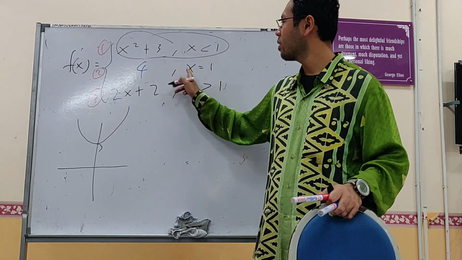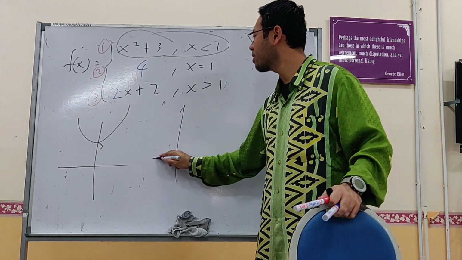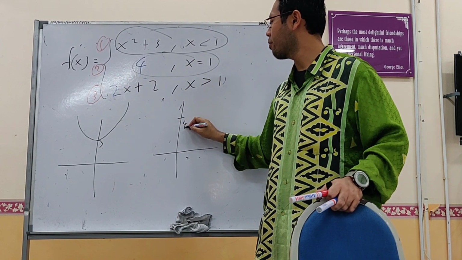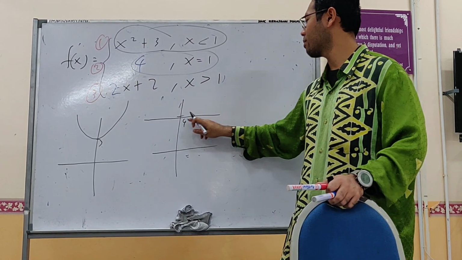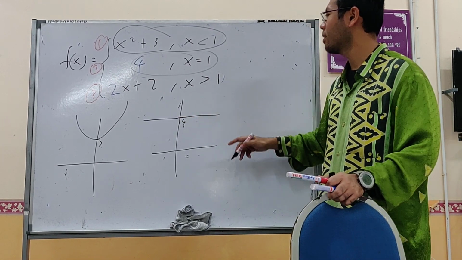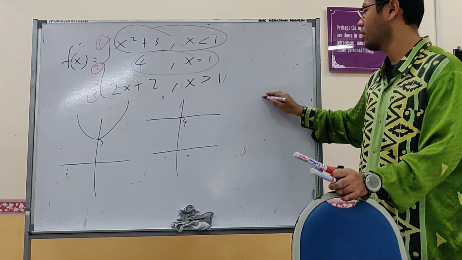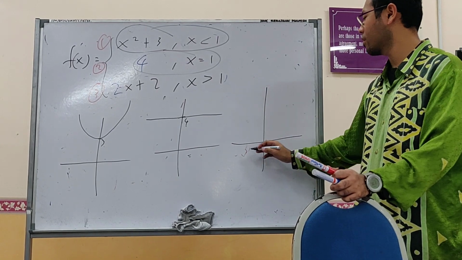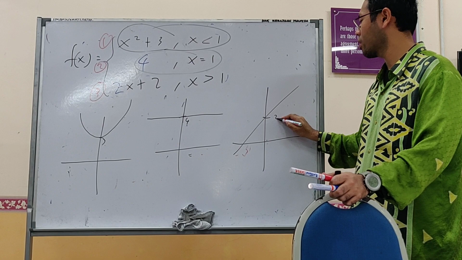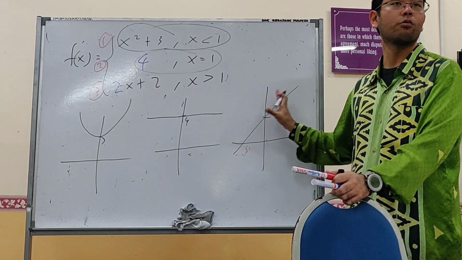What does this graph give at 1? It's basically at 4. And what about this graph? It's a linear graph. When x is 0, I got 2. Everybody knows how to draw this graph.